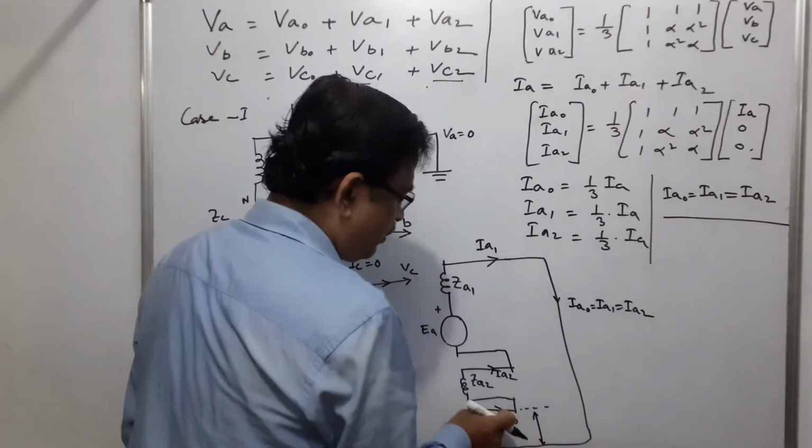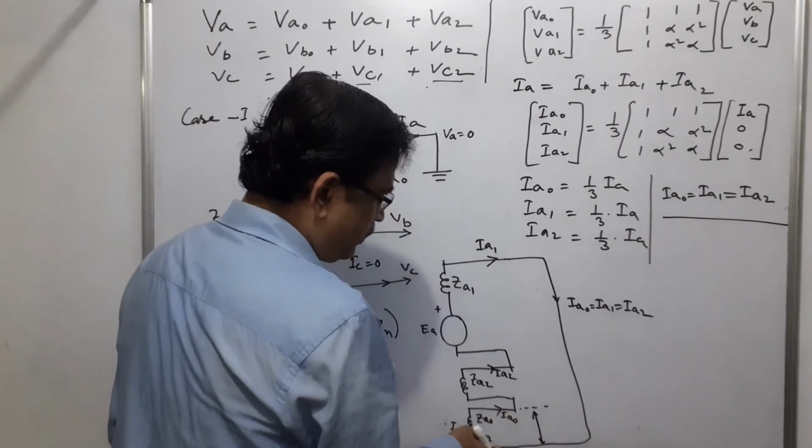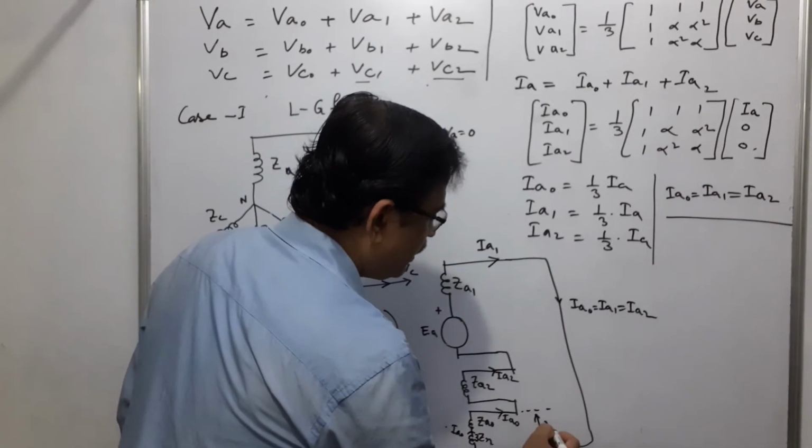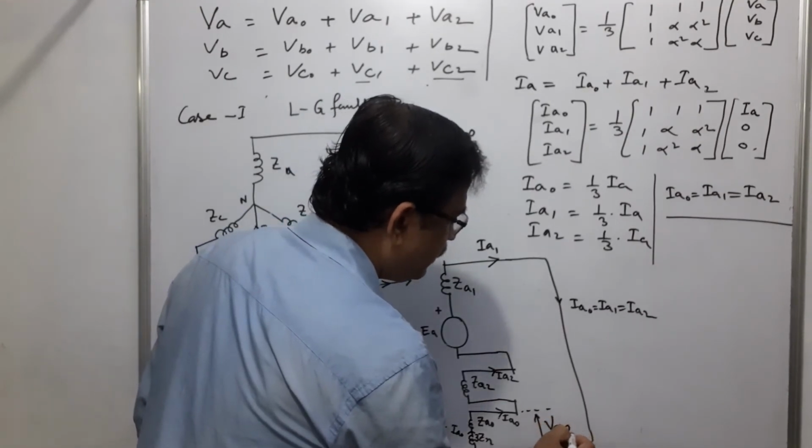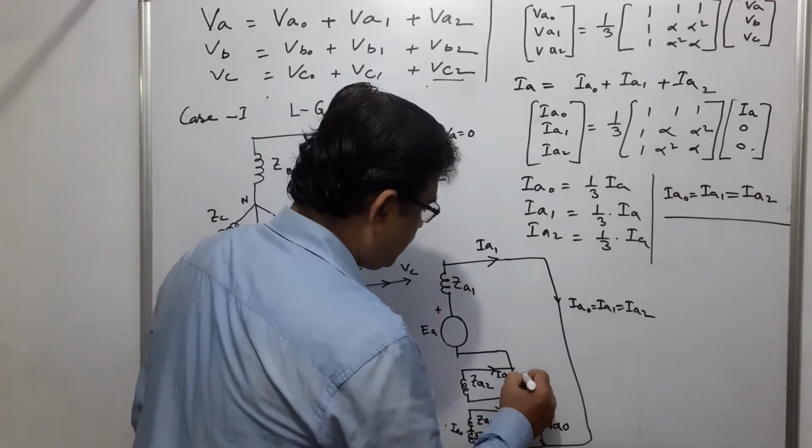Zero sequence current times zero sequence impedance, that means VA0. This voltage is VA2, negative sequence voltage, and this is VA1, positive sequence voltage, and this is VA0, zero sequence voltage. What is this?